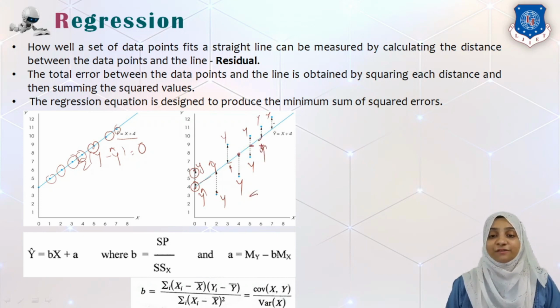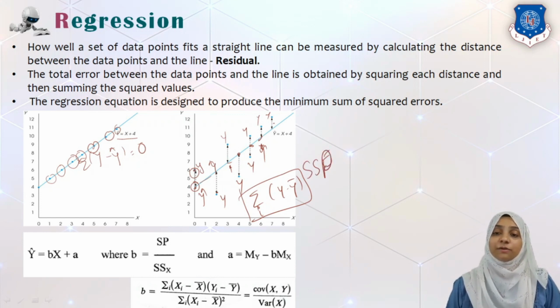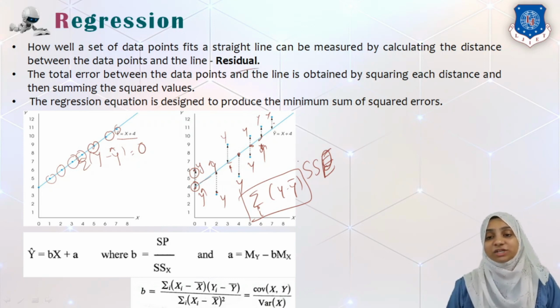So the difference between y and y cap, summed over all i points, that means for each of the total number of points we calculate the difference, and that summation is called the sum of squared errors, or also the sum of residuals. Now this summation has to be minimum in order to make this line good.